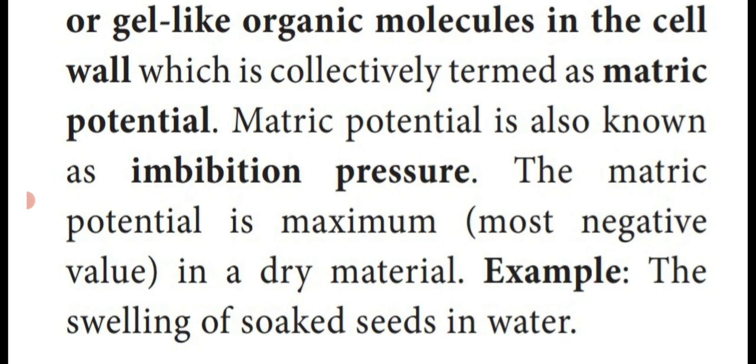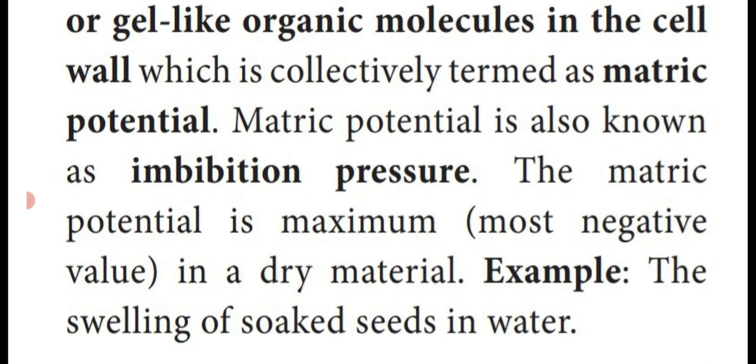Another 1 mark question. Kindly make a note in your textbook. Matric potential is also known as imbibition pressure. Another important key point: the matric potential is maximum in a dry material.